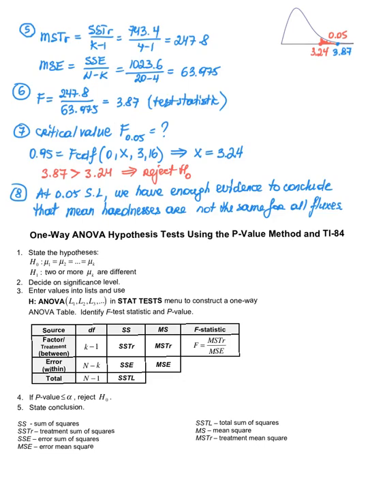Next step is to find the critical value corresponding to the 5% significance level we've chosen. What is F sub 0.05? I am using the numeric solver function to solve the equation where I say there is 95% of area between 0 and some unknown point, with 3 numerator degrees of freedom and 16 denominator degrees of freedom.